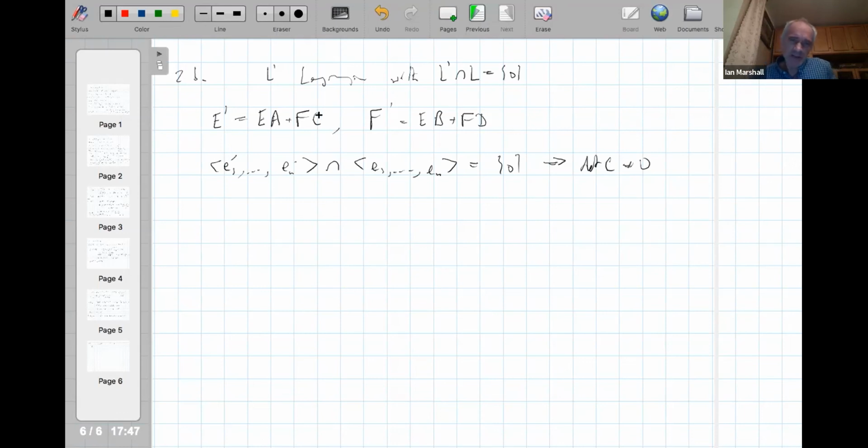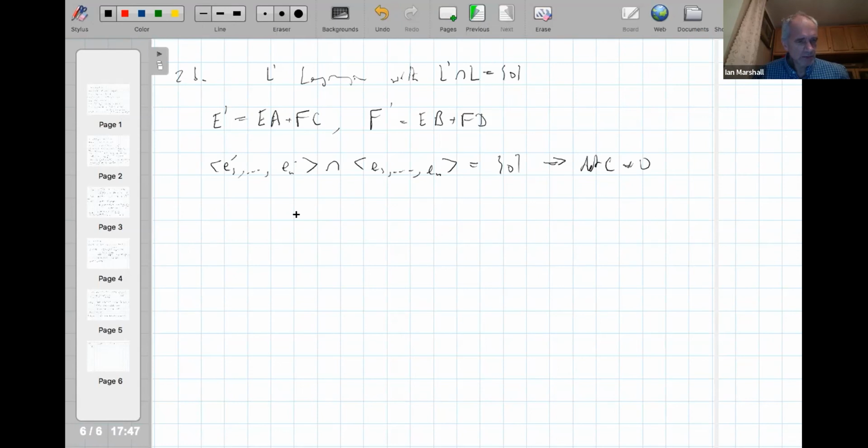And the way you can do that is exactly the way I did it before. Suppose that it is 0, then there will exist a V so that CV is 0. And that means that E prime V is going to be EAV plus FCV, but this one is 0. So it means that E prime is a linear combination of E's, but that's excluded from the hypothesis here. So this thing cannot be 0. So I'm not going to write that down. It's just the same as what we did before.